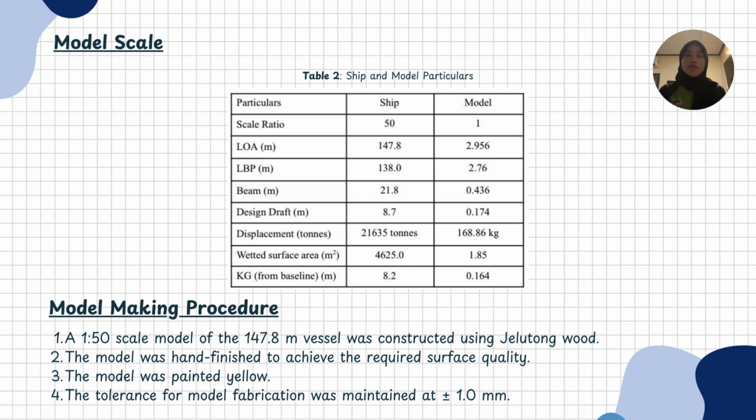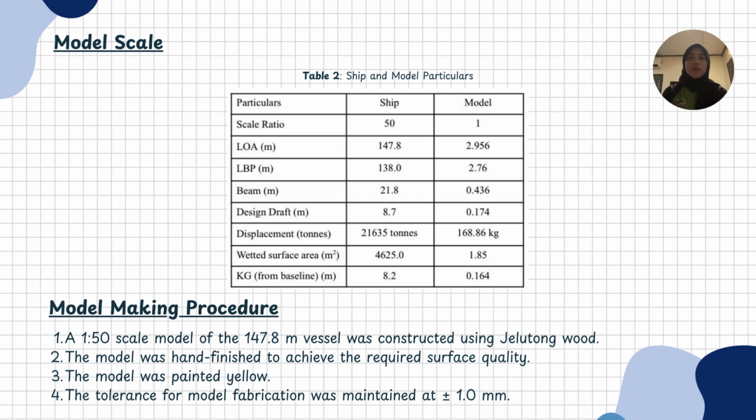Furthermore, the massive ship displacement of 21,635 tons scales down to a model weight of 168.86 kg, while the wetted surface area is reduced from 4,625 square meters to 1.85 square meters, ensuring strict geometric similarity for our testing.